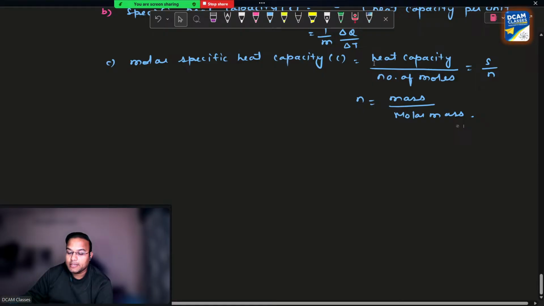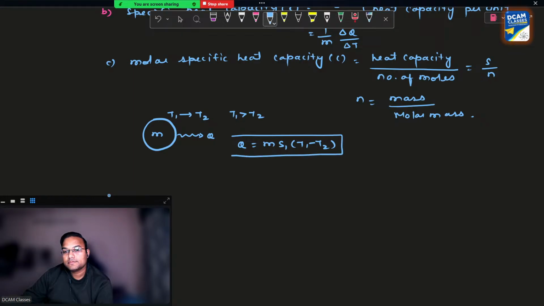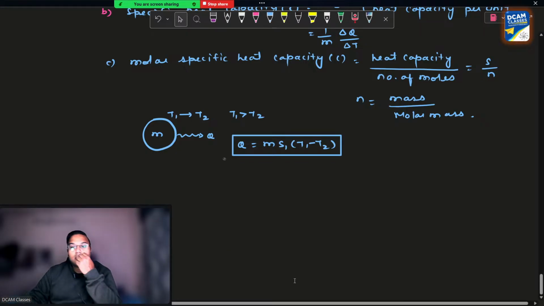So the important concept is, whenever there is a mass m whose temperature is being raised from T1 to T2, or when T1 is greater than T2, the amount of heat it lost, this Q, is given by m s1 into T1 minus T2, where s1 is the specific heat capacity.